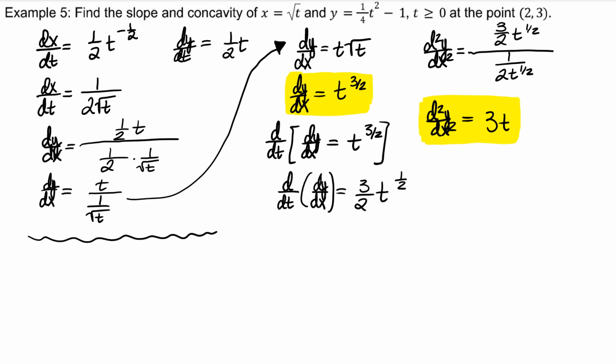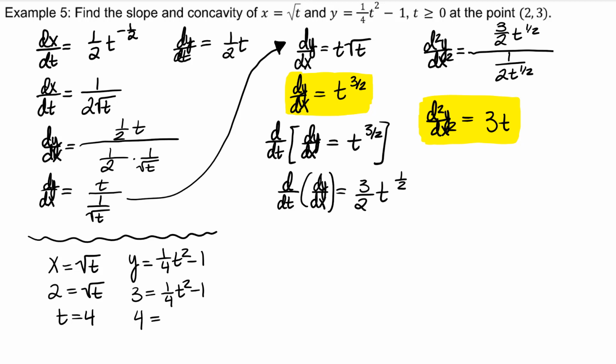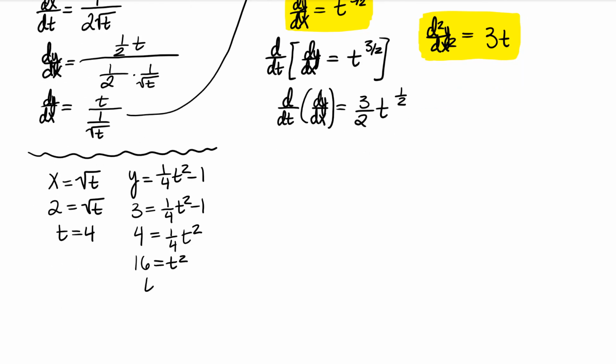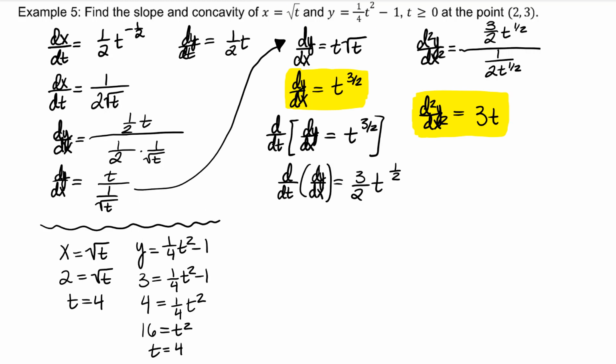To find the slope at 2, 3, we need to know the t value for which x is 2 and y is 3. As you can see, t equals 4. So to find the slope at the point 2, 3, we will evaluate dy over dx at t equals 4.